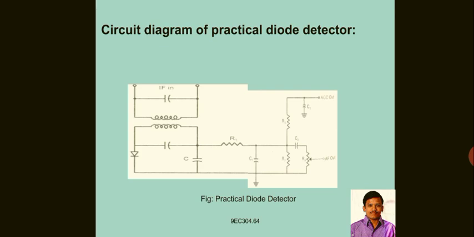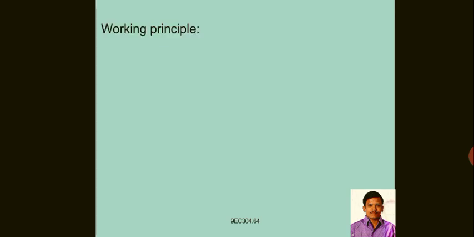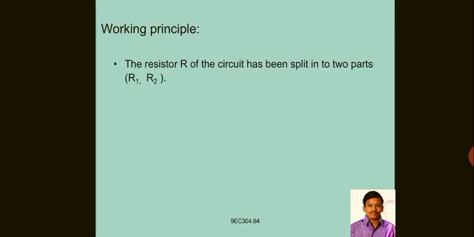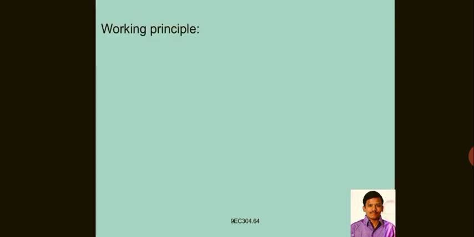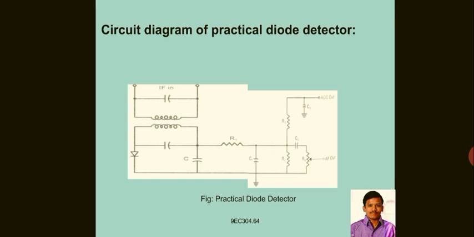A small change in the circuit, that is in the resistors and so on. Here the resistor R is split into R1 and R2, as shown in the figure.